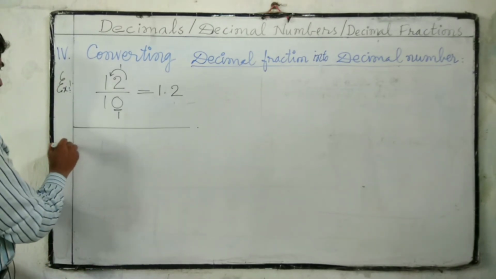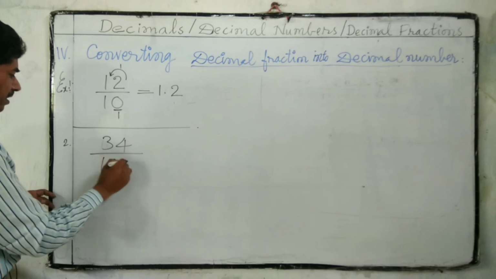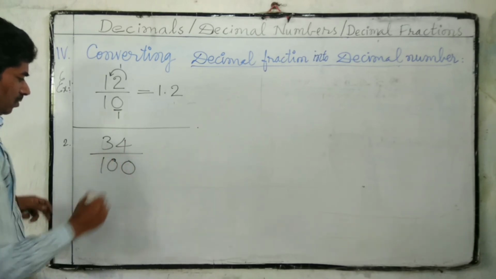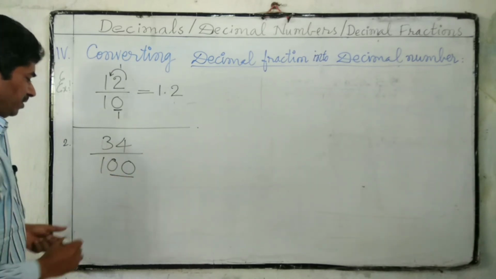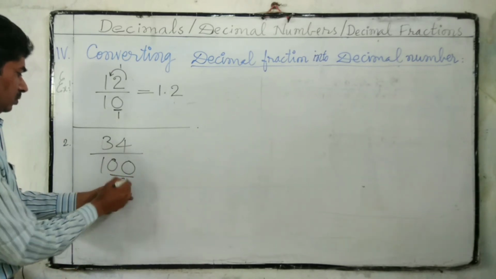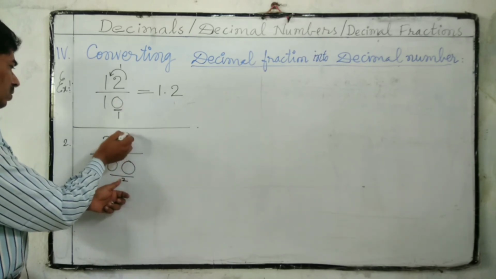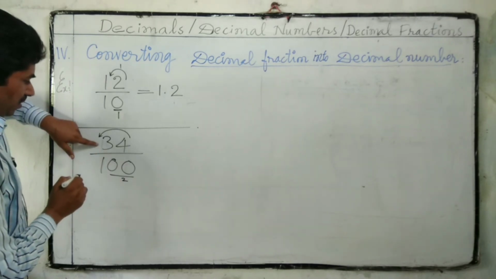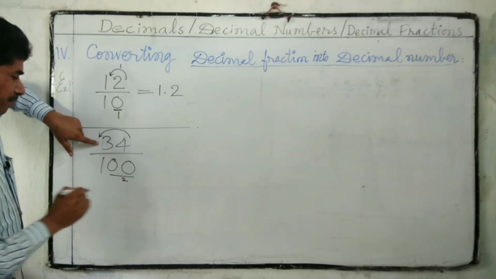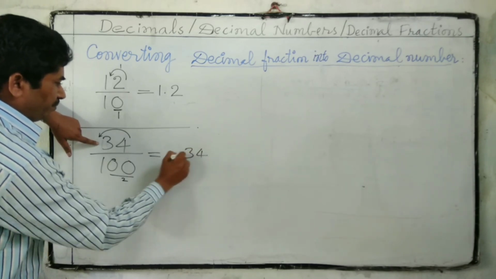Second example, 34 by 100. Here we have 2 zeros after 1 in the denominator. So in this also we have to count from right to left 2 places. Here decimal point will come: 0.34.